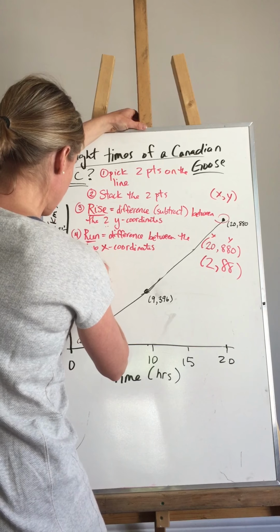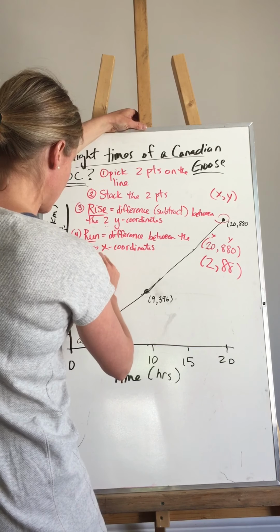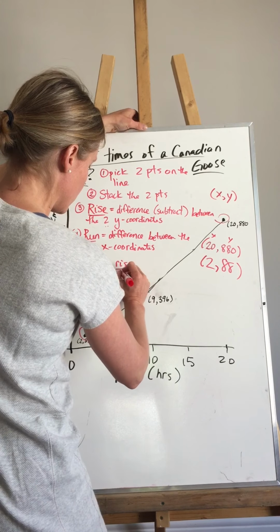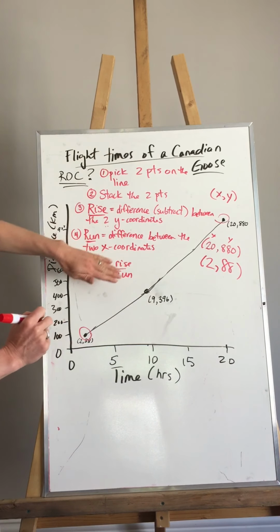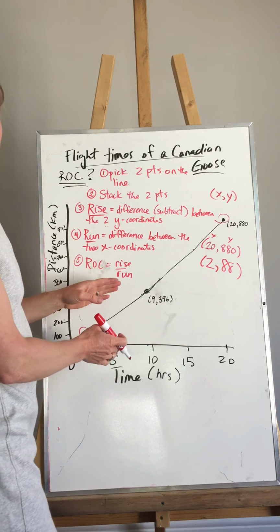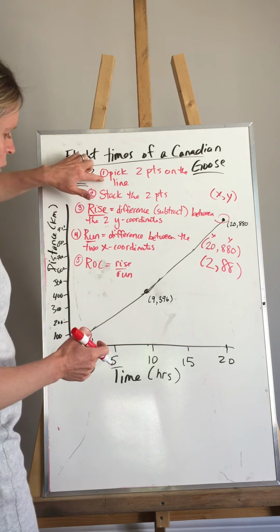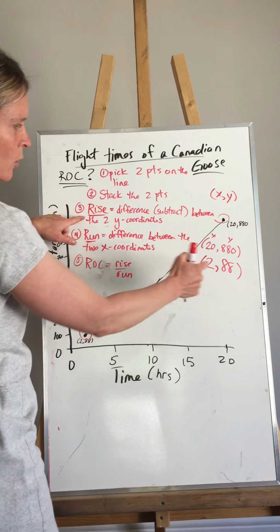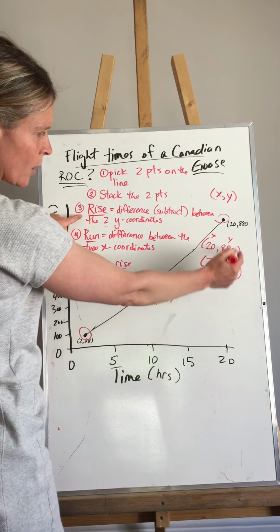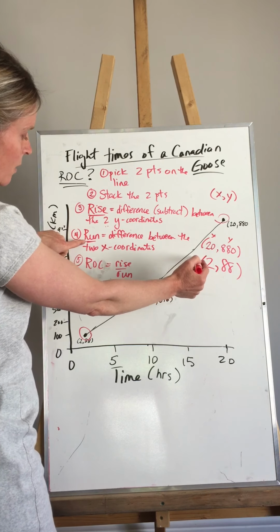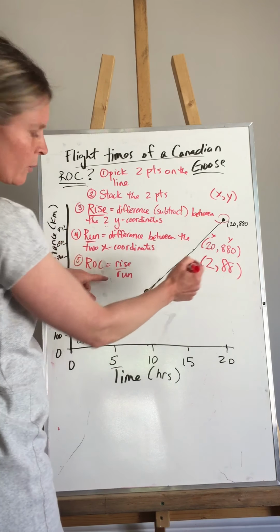Okay, and then your fifth step is going to be calculating your rate of change, which is dividing your rise by run. Okay, so there's the steps that you are going to follow every single time you're asked to find the rate of change. Okay, pick your 2 points on the line, stack them, calculate your rise, which is your difference in your y coordinates, calculate your run, the difference in the x coordinates, and then divide rise by run.